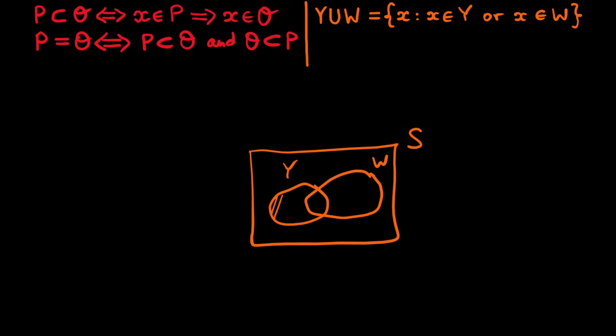So the union of two sets consists of the points that are in either set, and those at the intersection of the two sets are in both, so they are definitely also included in the union.